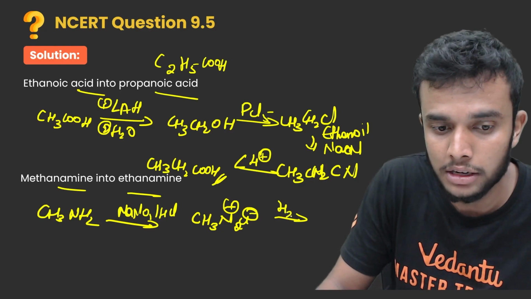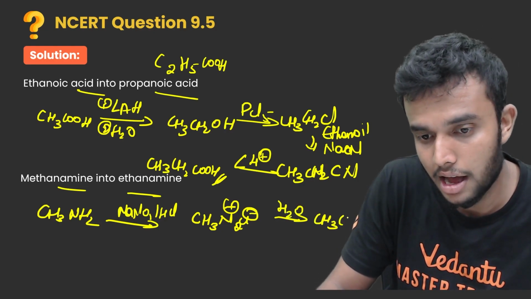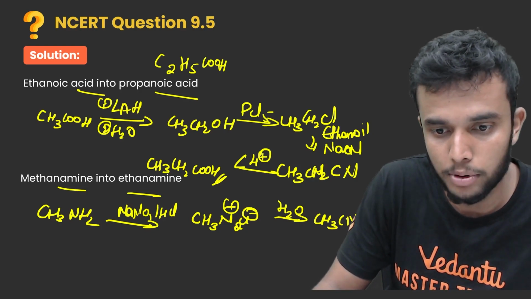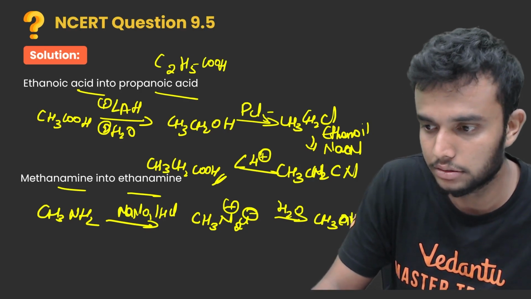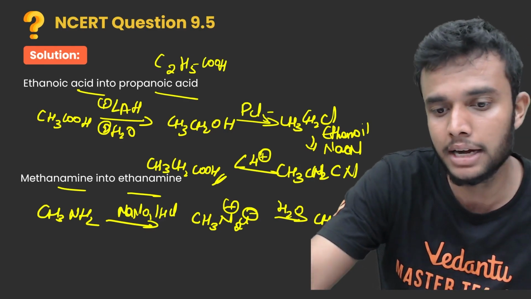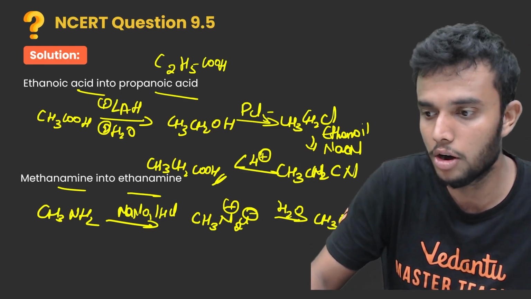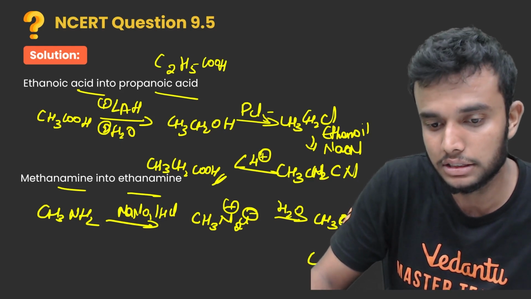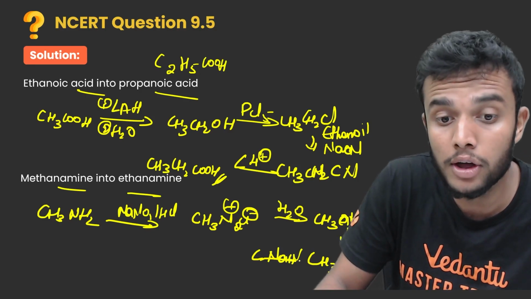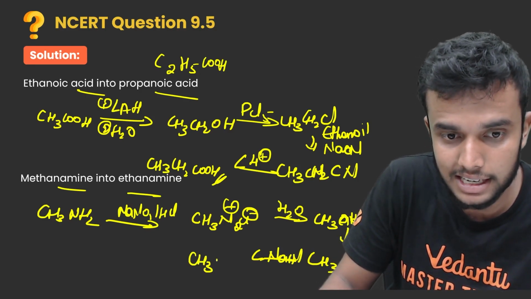Next, protonation to get the alcohol compound, the methanol compound. Next, chlorination, CH3Cl group.